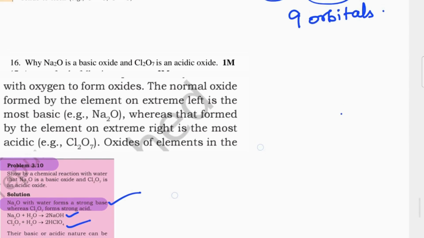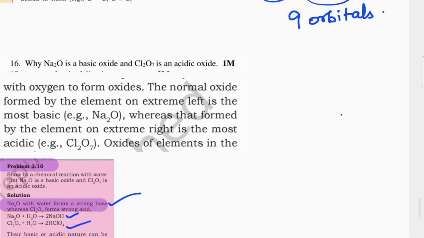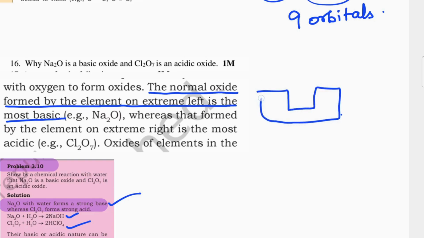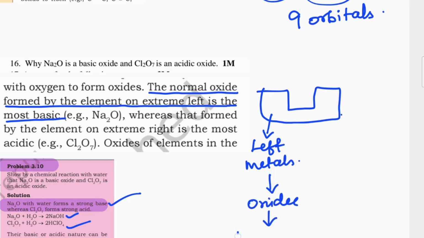This also can be written, but you can also write one more answer, which is: the normal oxide formed by the element on the extreme left is most basic, because when I see the periodic table, the left side is mostly metals. So metallic oxides are basic in nature. We all know this.